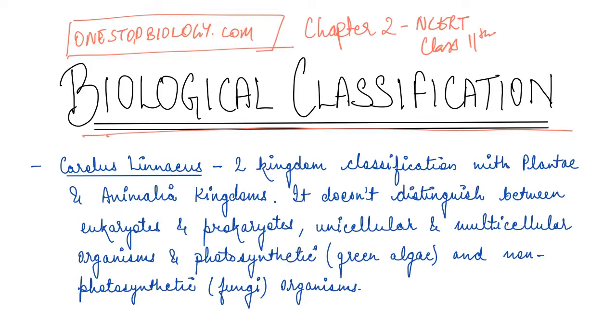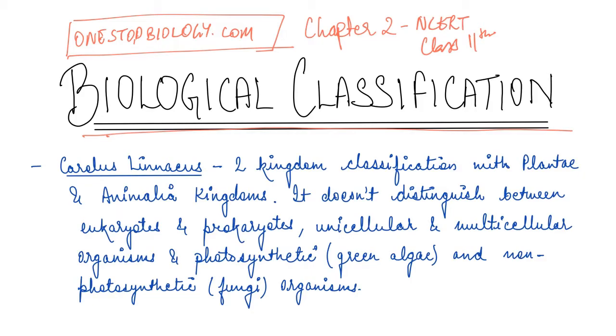So for the very first time, Carolus Linnaeus gave two kingdom classification, wherein he divided all the living organisms into two, basically one being kingdom Plantae and the other being kingdom Animalia. So all the organisms which are grouped as plants were kept in Plantae, and all the organisms which are considered to be an animal were kept in kingdom Animalia.